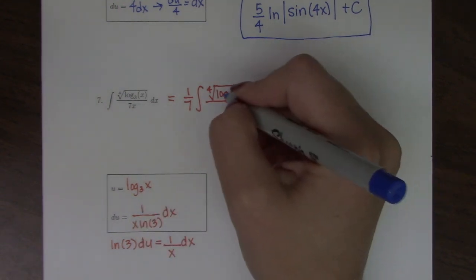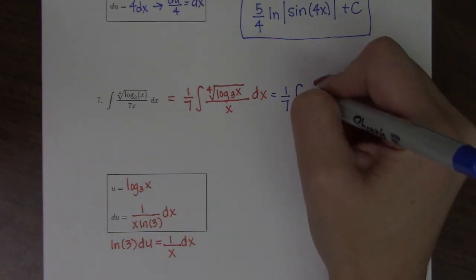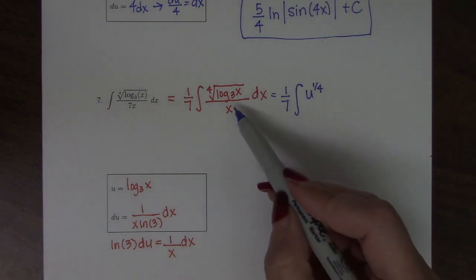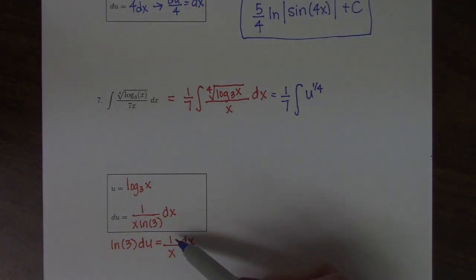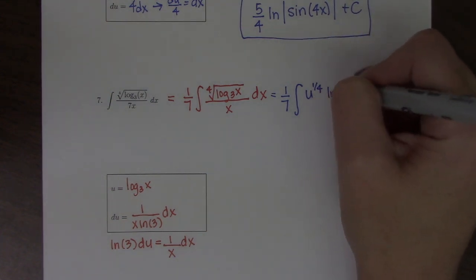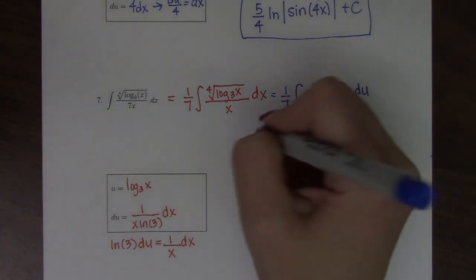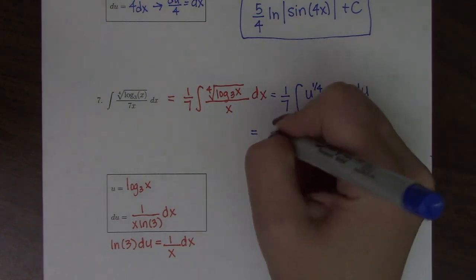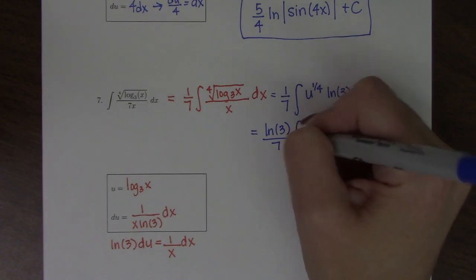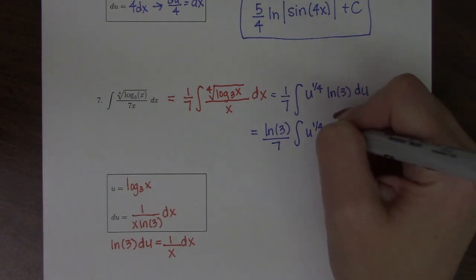My u is log base 3 of x, so this is going to be u to the 1/4. And then my 1 over x dx, right here, gets replaced with natural log of 3 du. So natural log of 3 is a constant, so I'm going to pull it out front just to get my constants out of the way before I anti-differentiate this.